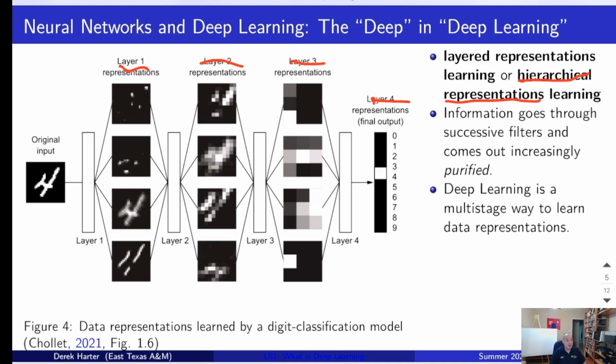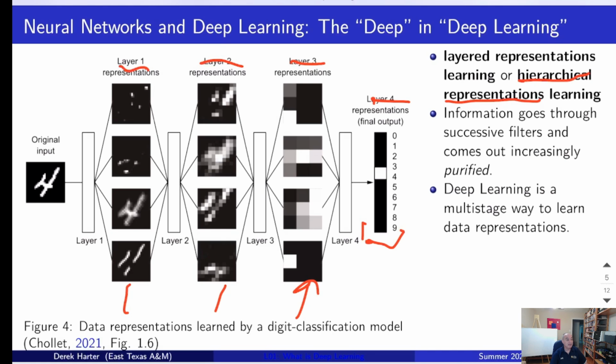Okay? So like it says, information goes through successive filters and comes out increasingly purified through each of these successive layers as we're going through these transformations, and that ultimately should make it easier to make good, correct predictions on the final output layer.